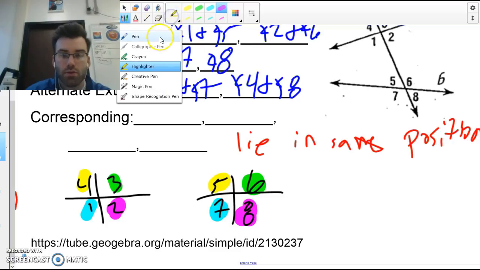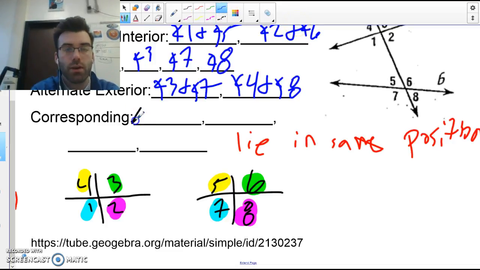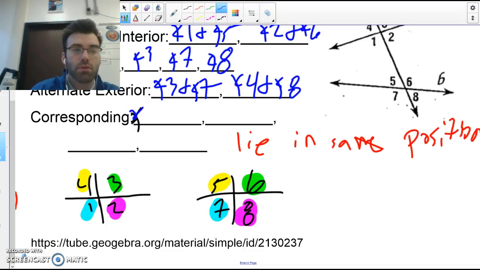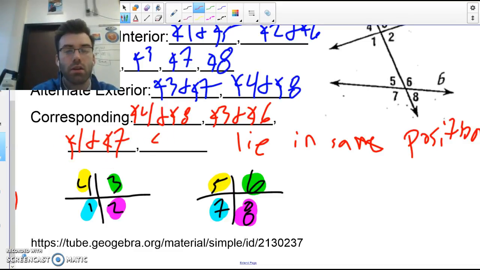Those pairs of angles will be considered our corresponding angles. So I would write, let's go red, angle 4 and angle 8, angle 3 and angle 6, angle 1 and angle 7, and angle 2 and angle 8.